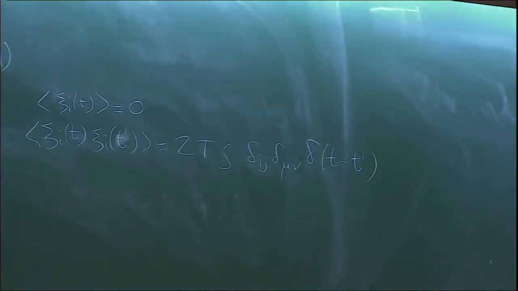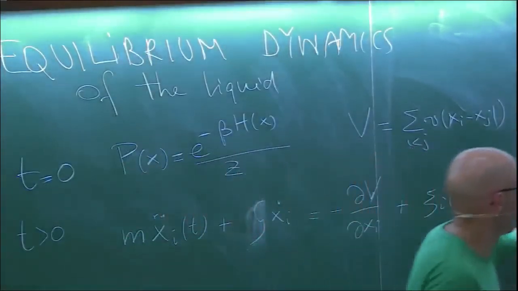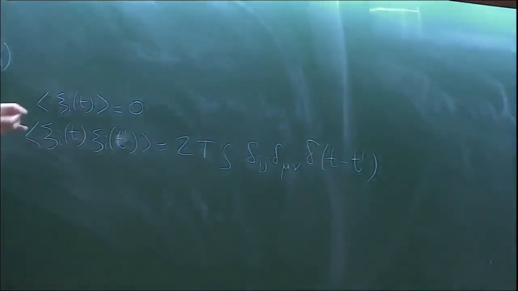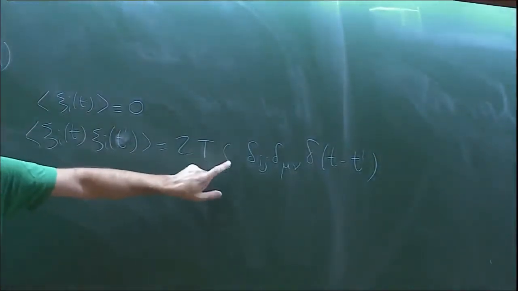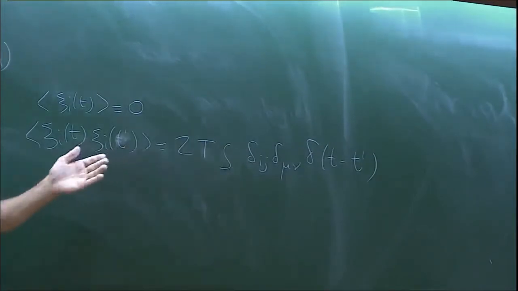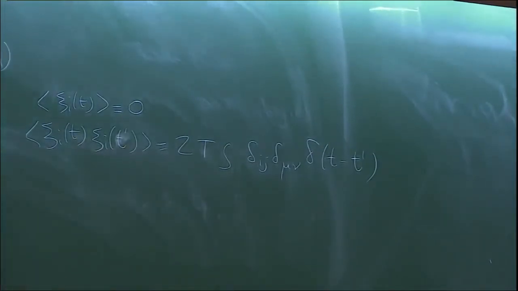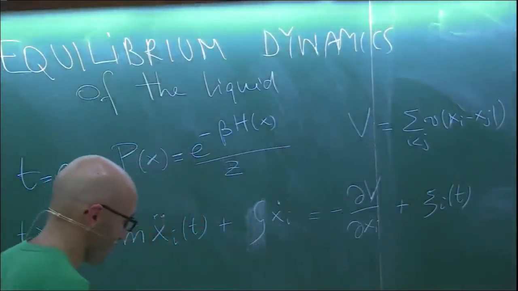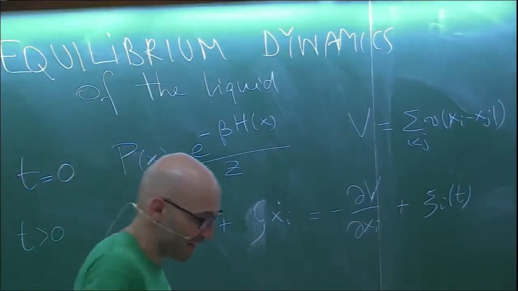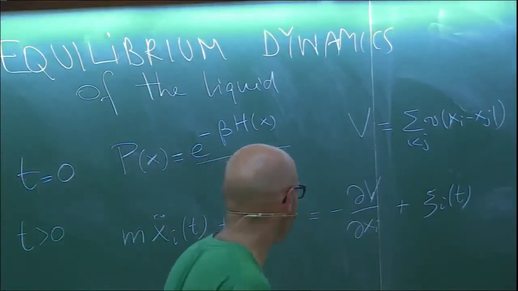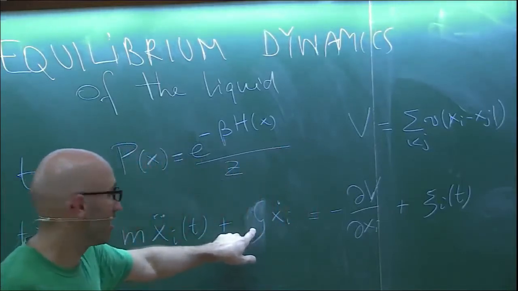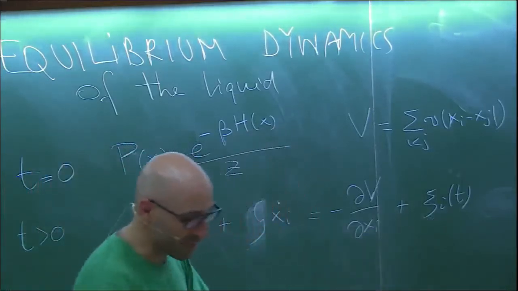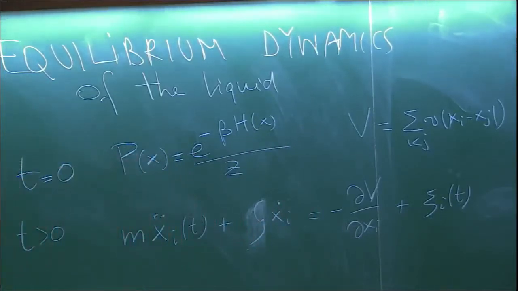If you're not familiar with it, you can just think that this friction coefficient is 0. This is a Gaussian variable, so it has mean 0 and this variance. If you put zeta equal to 0, the variance is 0, so the variable is 0. You remove this and this, and you just have Newton dynamics. So this is a generalization of Newton dynamics, where you suppose that your particles are Brownian particles immersed in some solvent, and the solvent provides a friction and a noise, and the noise comes from the collisions of the particles with your solvent.